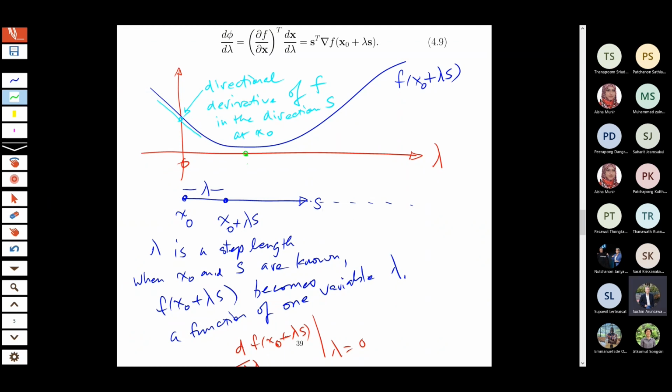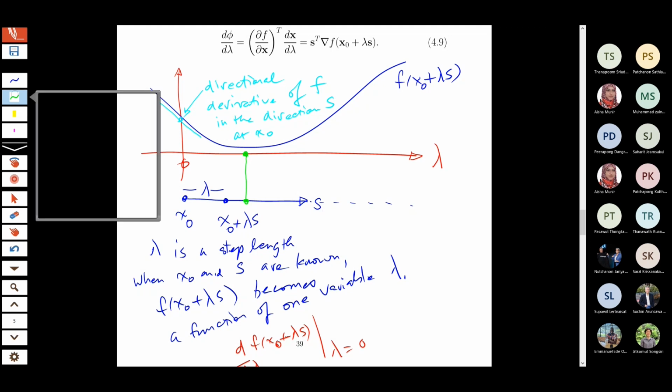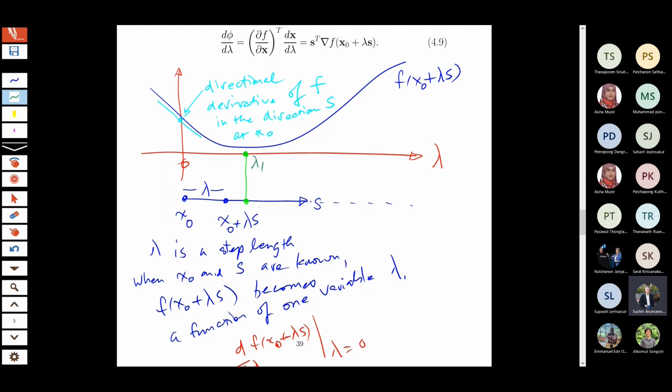Here, this is lambda 1. So the point here is x naught plus lambda 1 s, right?